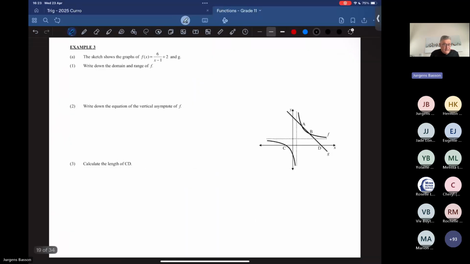So ladies and gentlemen, if you're okay with it, this next question is almost similar to the previous one, but one difference is now the hyperbola equation is given, but the straight line is not given to you. So what I can maybe quickly do is just give you this g(x) equation, and then we don't do the whole thing. They ask us for the domain and range, and the vertical asymptote, we can read that.